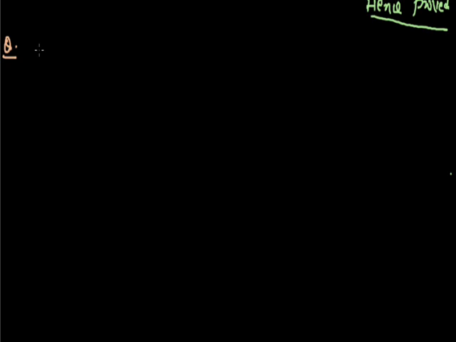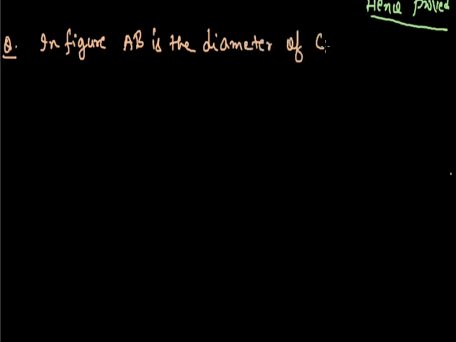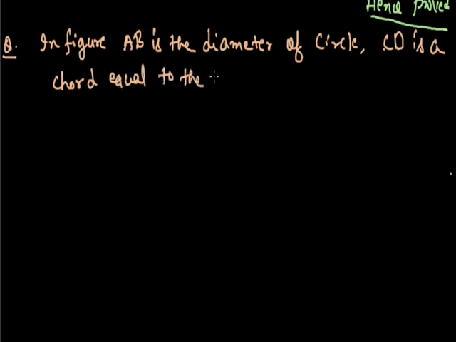Next problem. In the figure, AB is the diameter of the circle. CD is a chord equal to the radius of the circle.